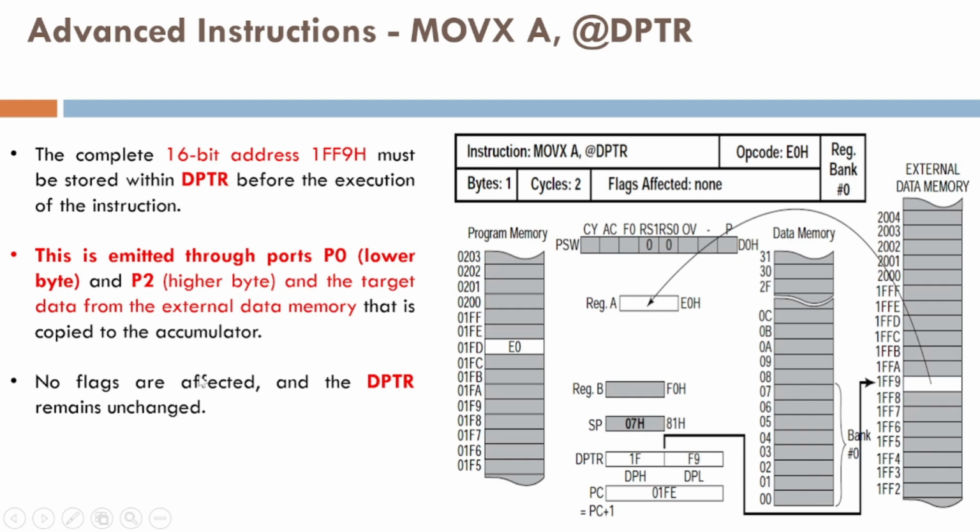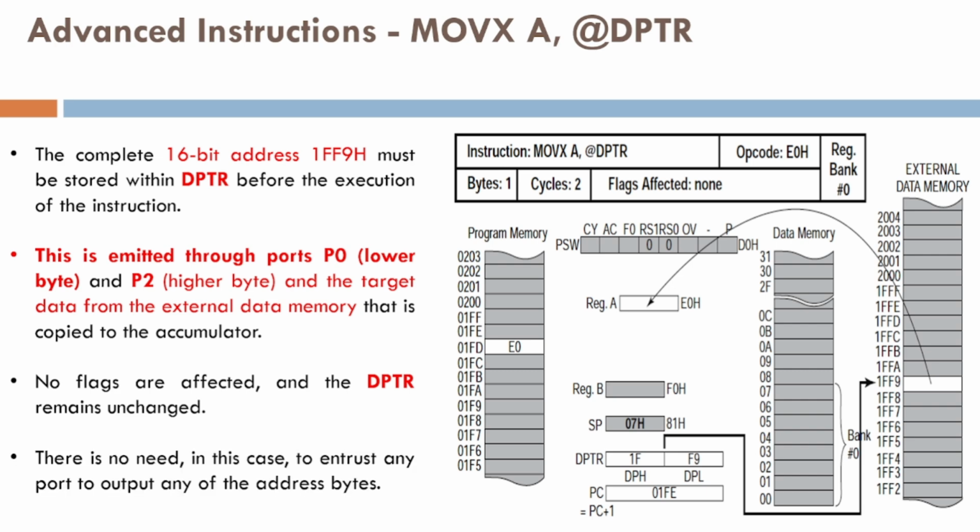Again, remember, these are the instructions which can only access the external data memory. They cannot be used to access the internal data memory. There is no need in this case to use any port to output any of the address bytes, because you already have the entire 16-bit address in the DPTR.